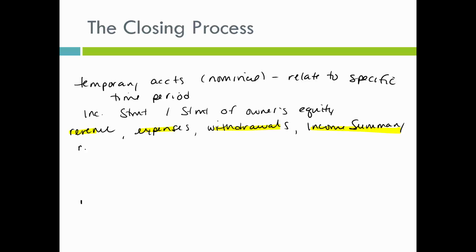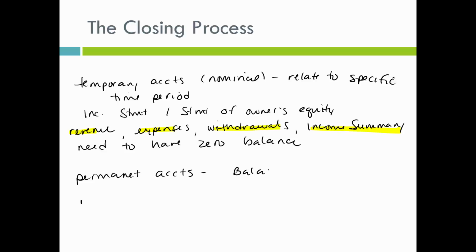So I need these accounts to have zero balances so I can start with the next year. The other accounts are called permanent accounts, and these are basically the things on your balance sheet. These are still going to be here even though I'm starting a new year. For example, because the net income is associated with a year, I need the revenues and expenses to start out with zero.